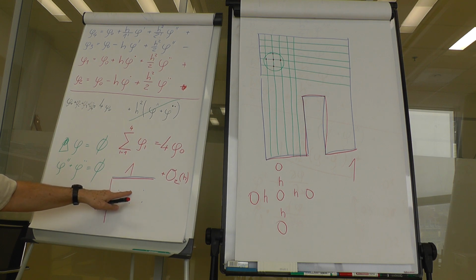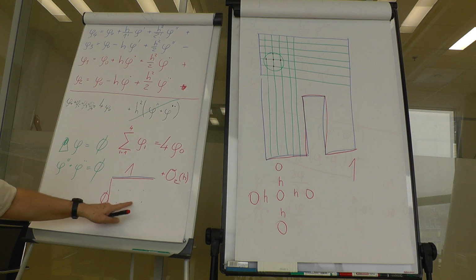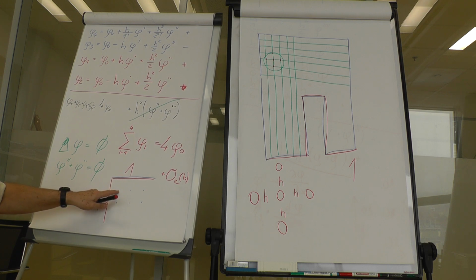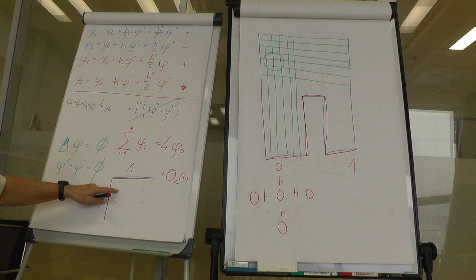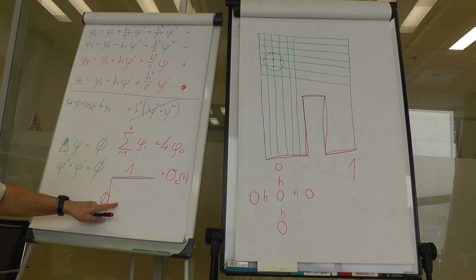The next one is this point. This point has 1, 0, 0, but here we already have 1/4. So this point would be bigger than this one. And after we do the whole scan, we return to the first point for the second iteration. Surprisingly, the average here is no more valid because those points have changed.